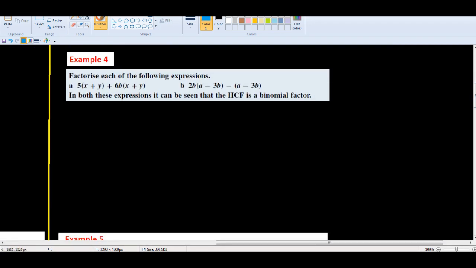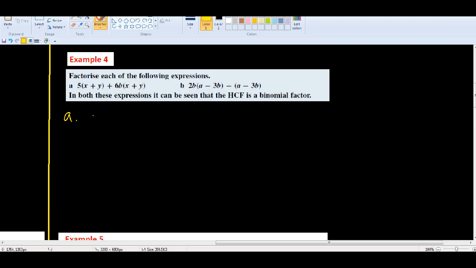For this one, factorize each of the following. Both of these expressions can be seen to have an HCF that is a binomial factor. So for this one, let's see what's our common factor. The highest common factor, of course, would be bracket x plus y.